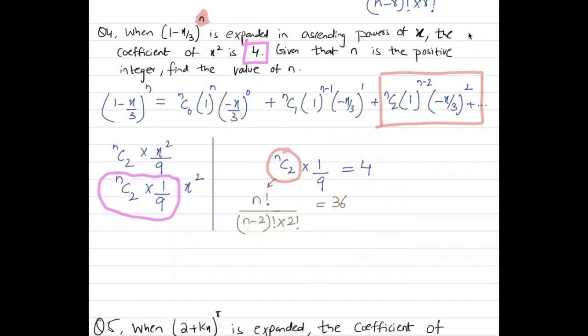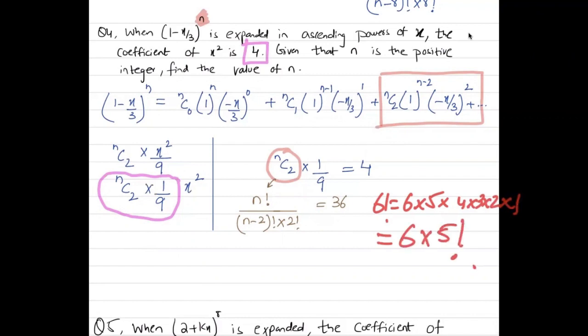So after this, what is n factorial? If I ask you what is 5 factorial, what would you say? How can I evaluate 5 factorial? 5 multiplied by 4 multiplied by 3 multiplied by 2 multiplied by 1, right? Similarly, 6 factorial is going to be 6 times 5 times 4 times 3 times 2 times 1, which I can clearly write as 6 times 5 factorial. Can I write it like this?